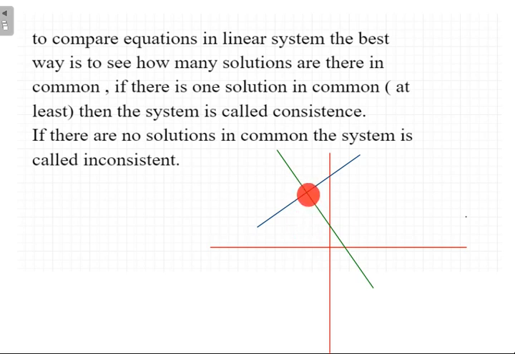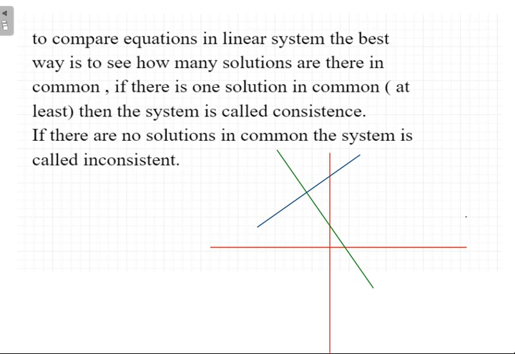This point is the solution of the system. When they intersect in one point, then there is a solution for this system. And I call this a consistent system of linear equations.